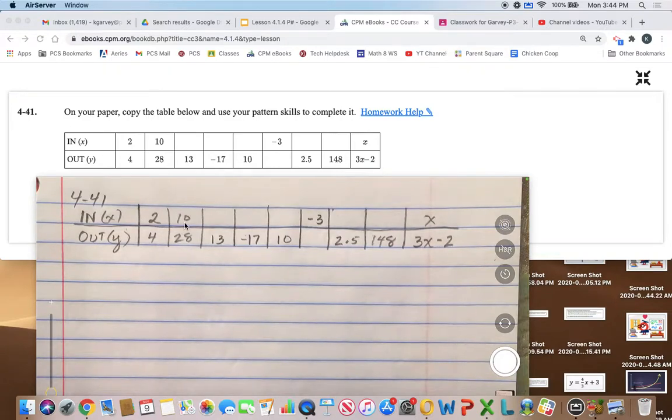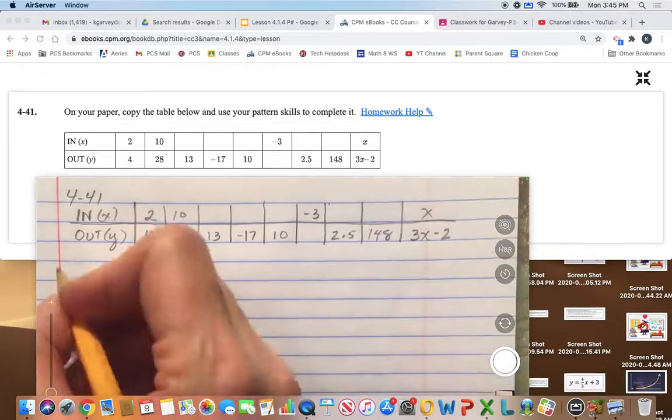As you're writing this table down, you'll notice there are two sets of complete data, and then we've got a bunch of missing x values, one missing y value, two more missing x values, and when you get to the end, you see a giant hint that they don't usually give us when we have these kinds of tables, which is y is equal to 3x minus 2. So that's a big hint that's going to be very useful to us.